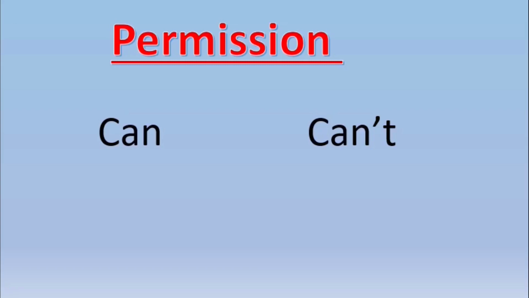Permission means to be allowed to do something. For example, you can sit anywhere you like. I can sit anywhere I like. That means we can sit anywhere we like. We have permission to do that.